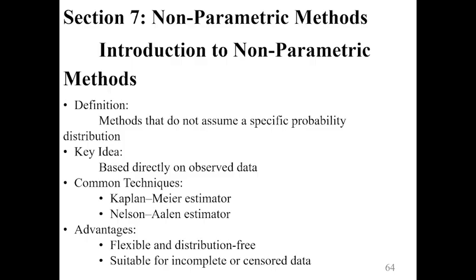This makes them highly flexible and particularly useful when the underlying distribution of the data is unknown or difficult to determine. So common non-parametric techniques include the Kaplan-Meier estimator and Nelson-Aalen estimator, which are widely used for analyzing survival and failure data.